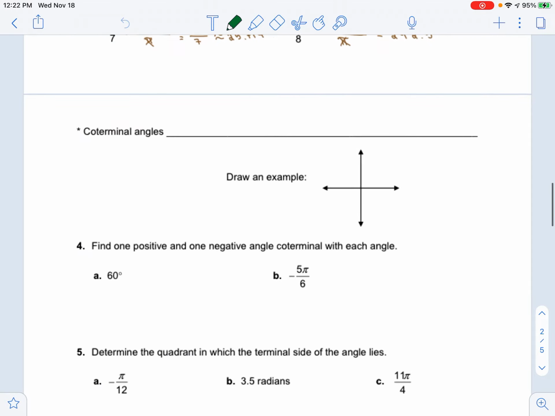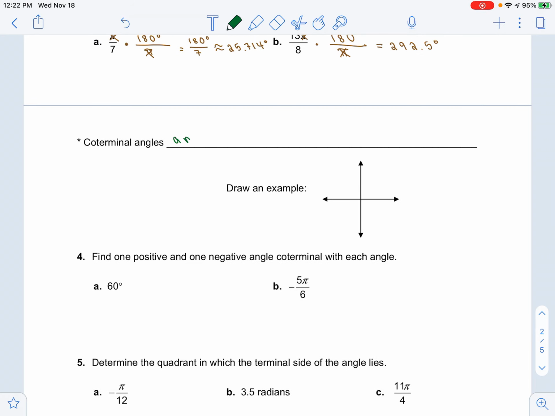So coterminal angles are angles that have the same initial and terminal, makes sense, coterminal sides.